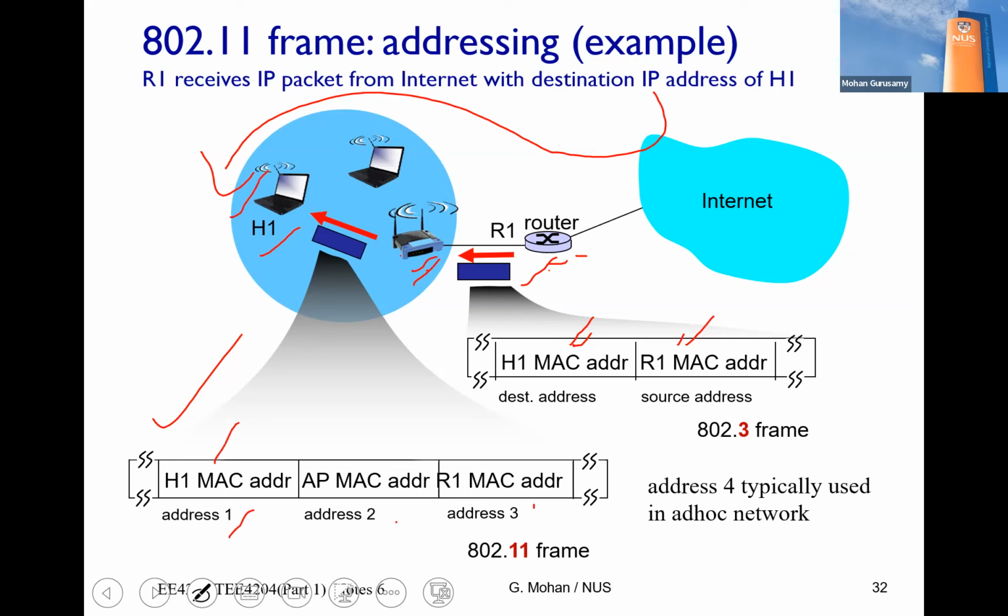Address 2 is the immediate sender, that is this access point. Address 3 is basically the router 1 MAC address. So this is how addresses are used in Wi-Fi, and in Ethernet when they are connected together to send and receive frames to and from the internet.